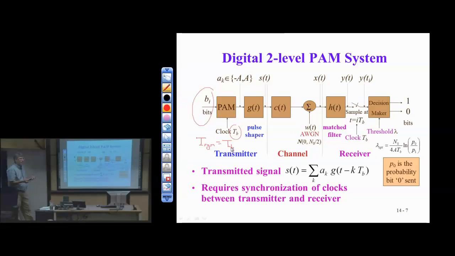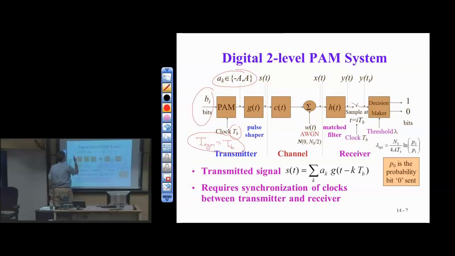L is 1. So the symbol time is equal to the bit duration. I'm going to encode each bit into one of two continuous or analog amplitude values, minus A and plus A. I can map 0 to minus A and 1 to A, or do either mapping, as long as the receiver knows what mapping I'm doing.